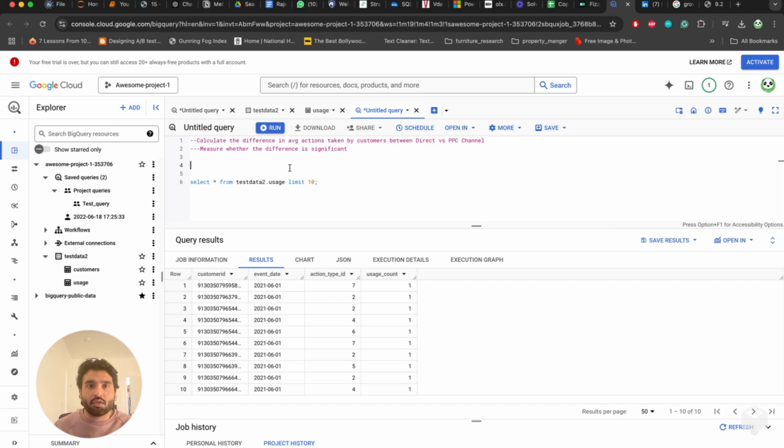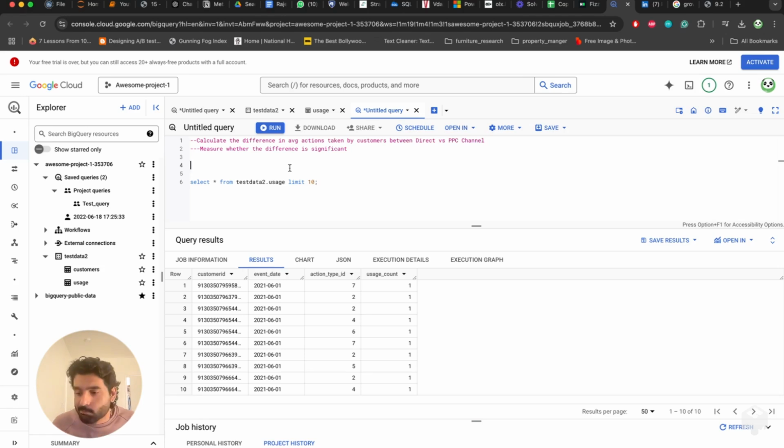Then we want to perform a statistical test to see whether the difference between these two groups is significant or not. Now, I know a lot of us use statistical software to do that, but today I'm going to show you how to conduct the test using SQL.